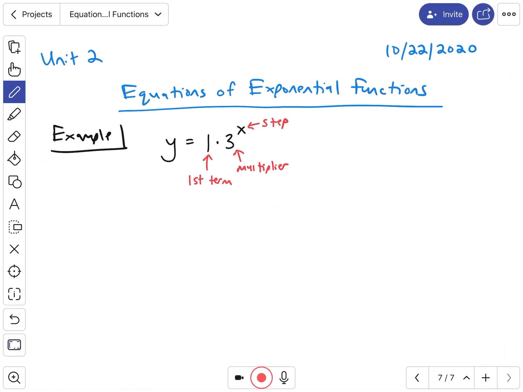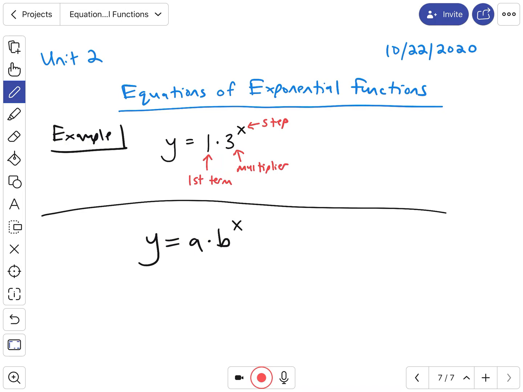when you create your own, this is what you're going to do. You're going to write y equals a times b raised to the x power. And you could write this as the general equation for the exponential function.